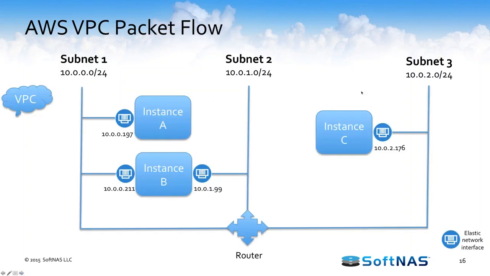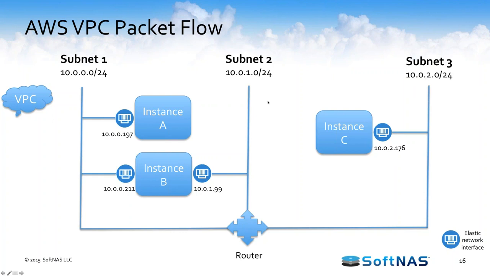How do the packets actually flow within a VPC, and understanding why different configuration options actually cause different things to happen? Let's just take a sample setup in VPC, and let's actually talk about how the packets will flow and how you would connect. So in our example here, we actually have three subnets, the 10.0.0.0, the 10.0.1.0, the 10.0.2.0.